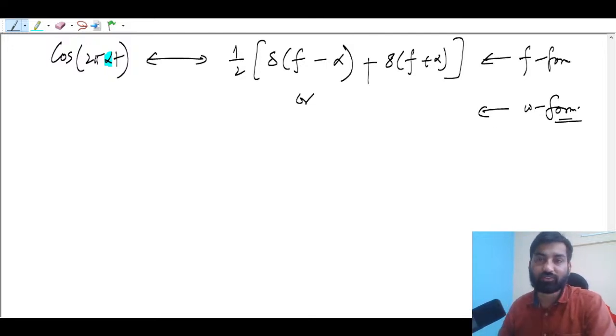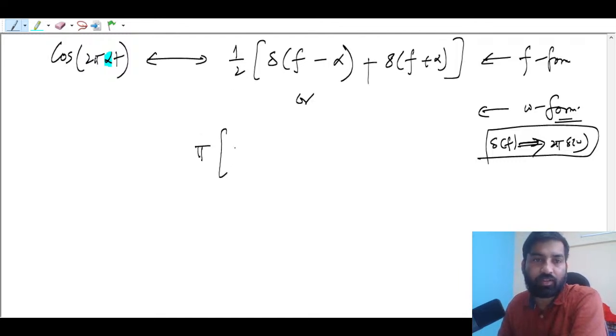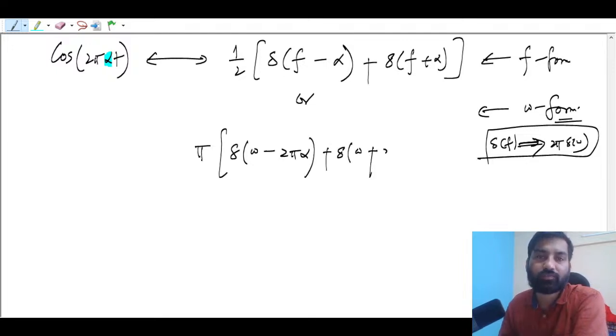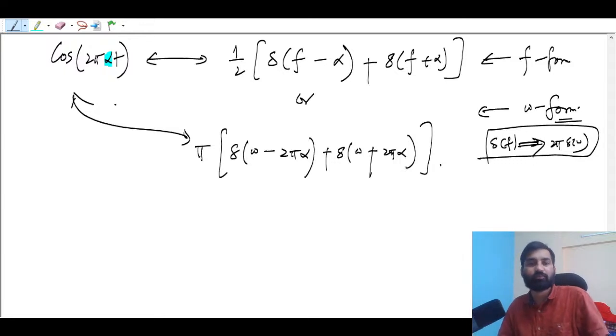That is very important. सो इसको आप 2 पाई से मल्टीप्लाई करवाएंगे तो 2 2 कैंसिल, सो pi delta omega. Now this alpha has to be also changed to omega because this is just in hertz, so it is nothing but pi [delta(omega minus 2 pi alpha) plus delta(omega plus 2 pi alpha)]. This is in omega form.